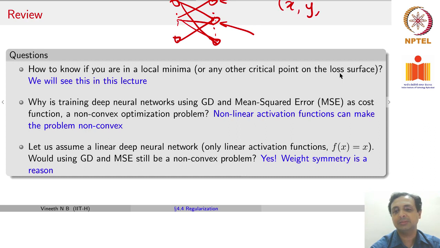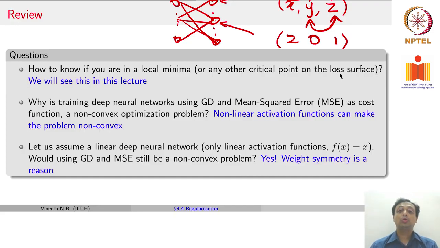Let's say we had x dimension, y dimension, and z dimension, and let's say we had values such as 2, 1 and 0 in these 3 dimensions. What we have done now is swapped z and y. That's what we did for some of the neurons and hence some of the weights. This will lead to a vector 2, 0, 1. 2, 1, 0 and 2, 0, 1 are different points in the 3-dimensional space.